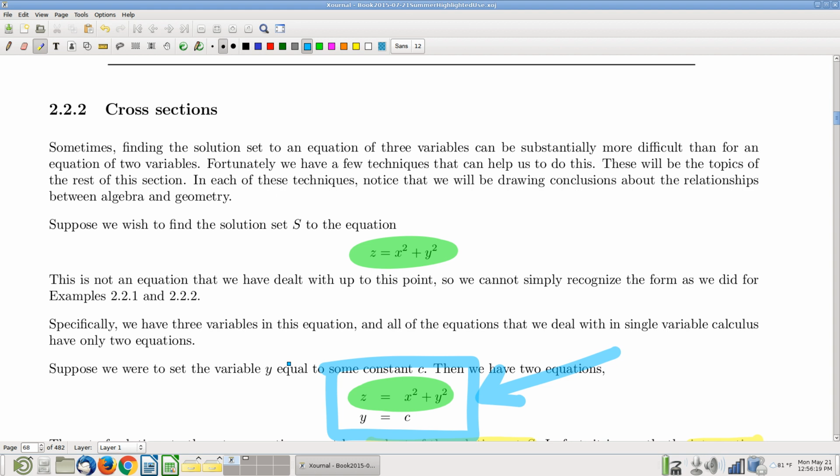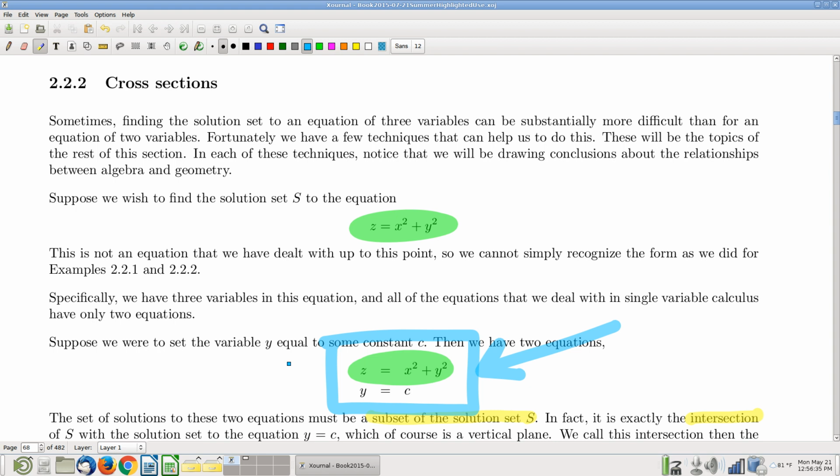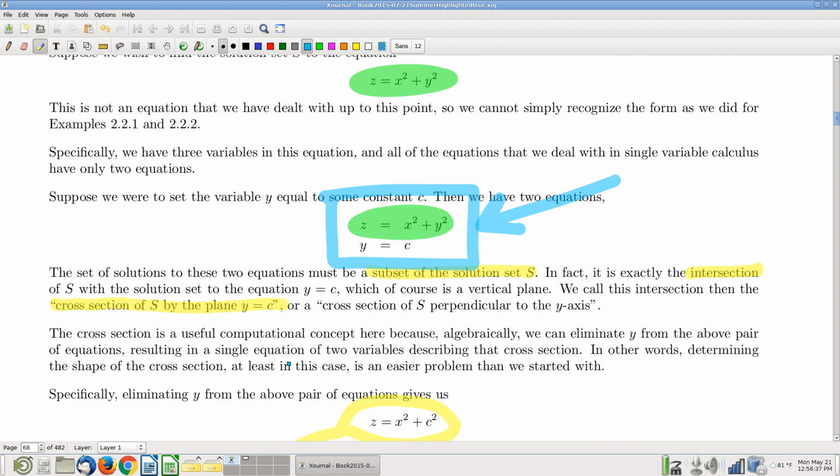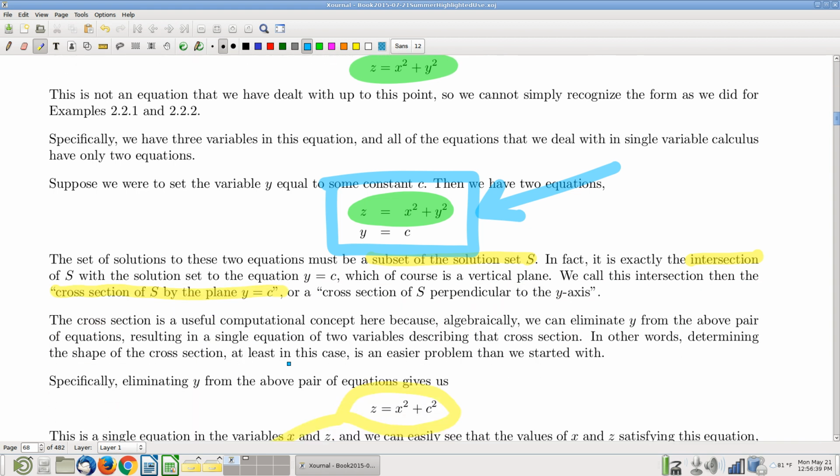So, two observations I'll make about it. One is, algebraically, this is actually pretty easy to understand, because if I need for z to equal x squared plus y squared, and if I also need for y to equal c, well, then that means z would have to equal x squared plus c squared.